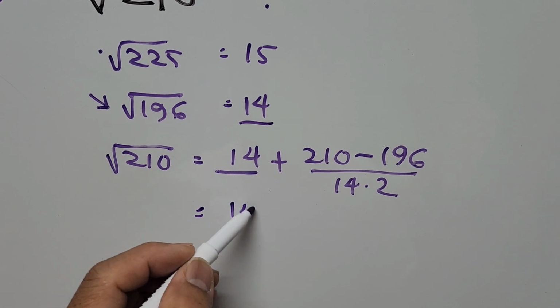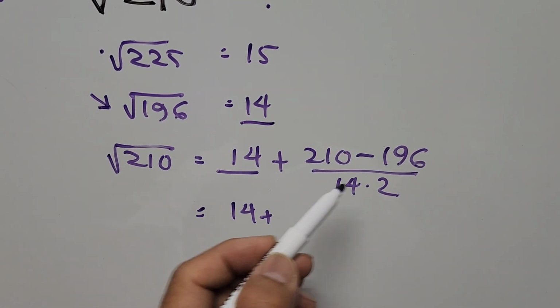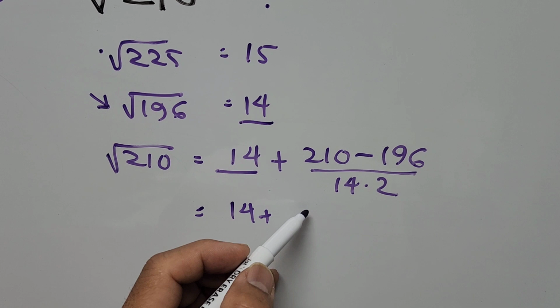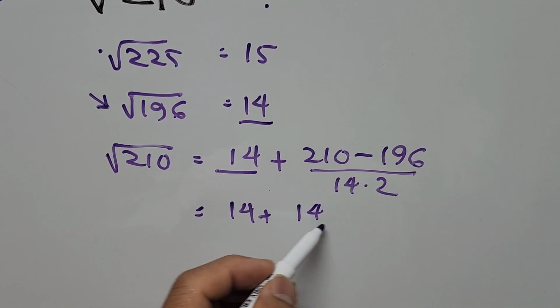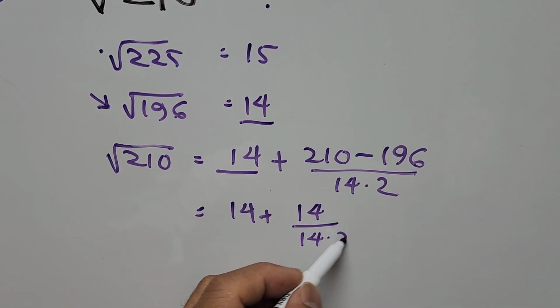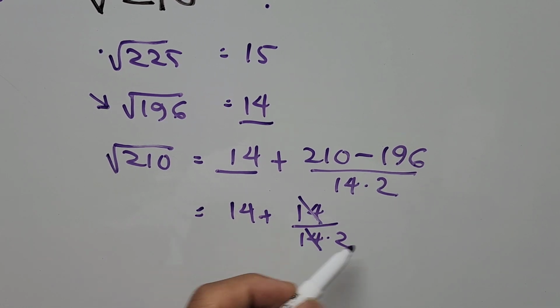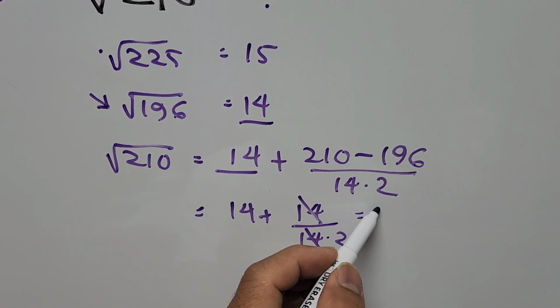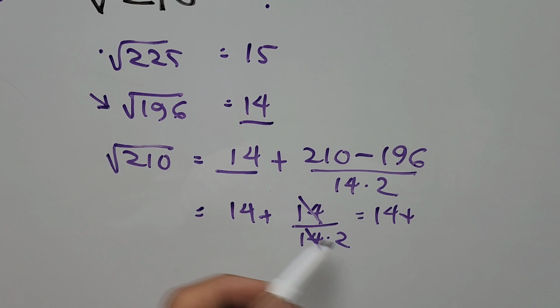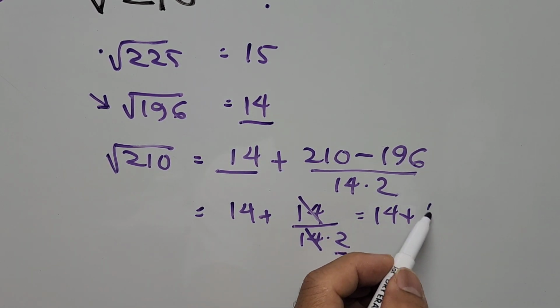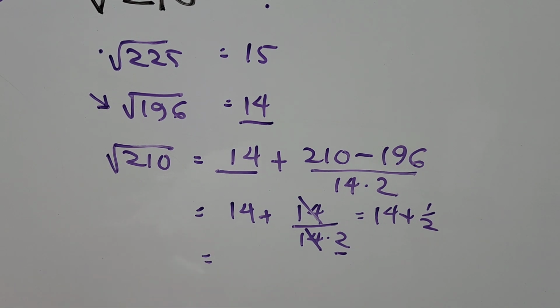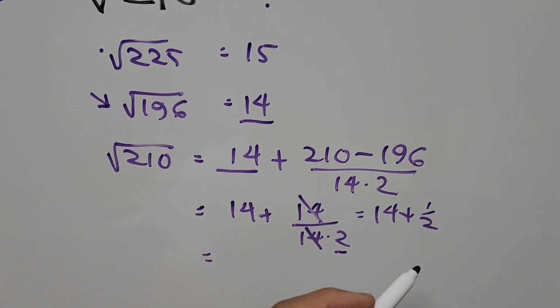So we have 14 plus 210 minus 196, that's 14, right? So 14 all over 14 times 2. So here we can cancel 14. So we have 14 plus 1/2. What we have left on the denominator is just 2. So that's 1/2. So here, 14 times 2 is 28, plus 1 is 29, divided by 2.